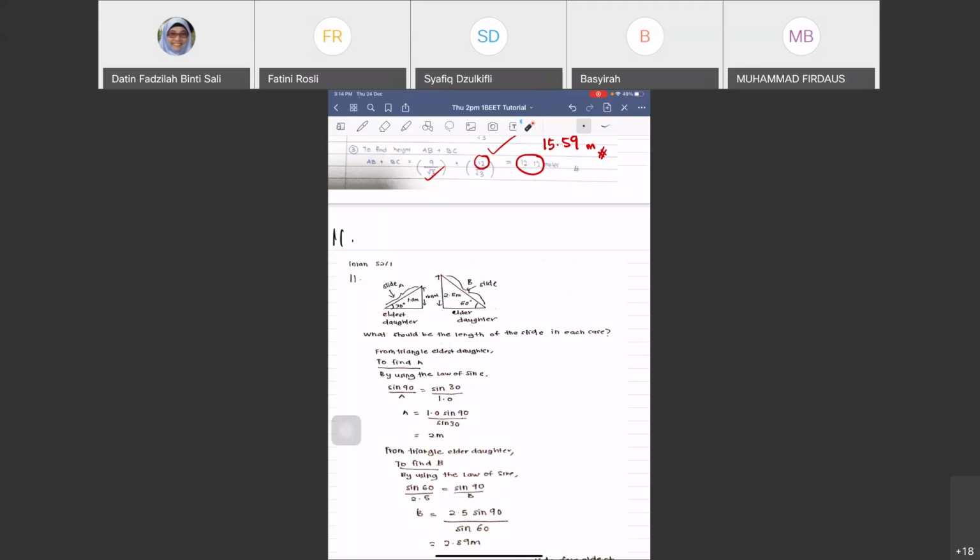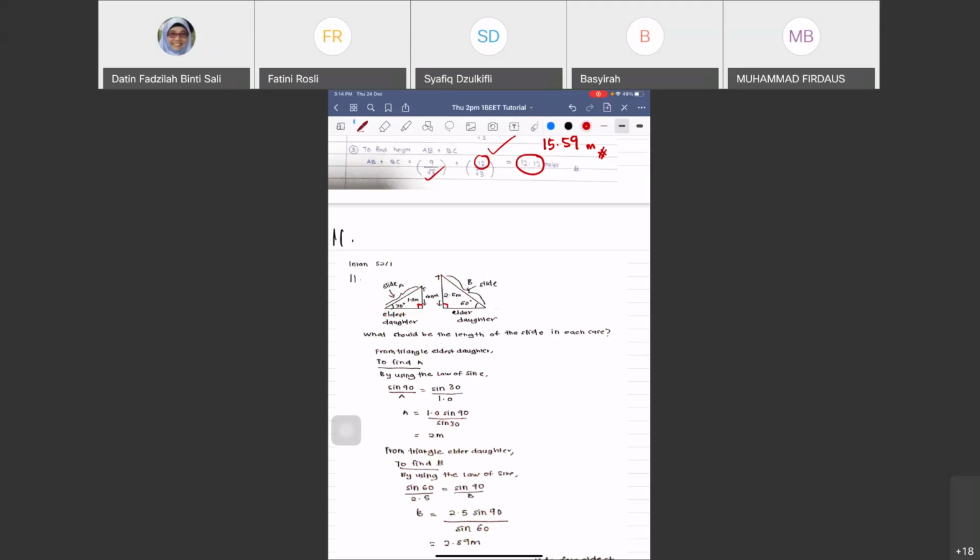You just need to solve separately for these two triangles, and both are right angle triangles. So you can either use the law of sine here, or you can straight away use simple trigonometric ratios.